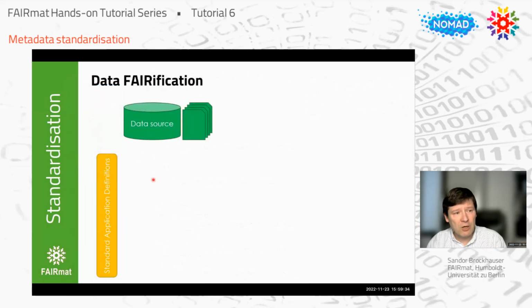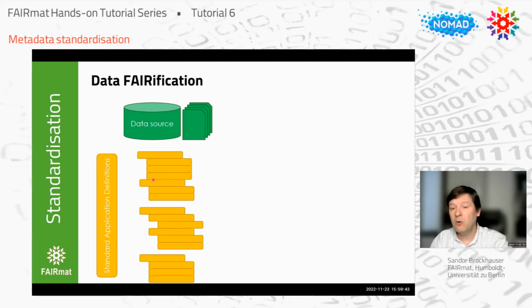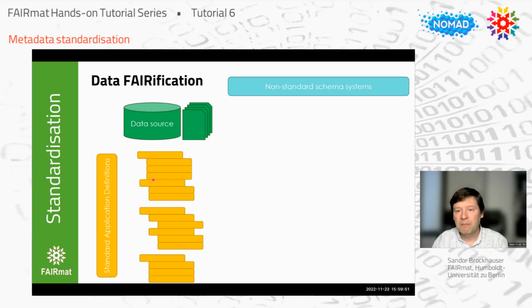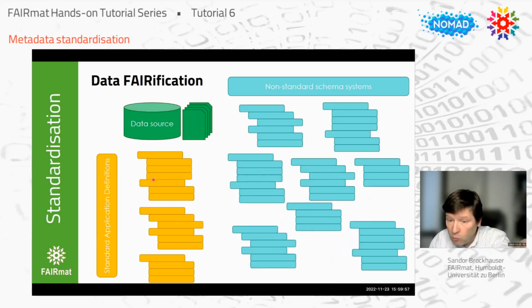So what is the situation? You've got all your data, and if you have a standardized application definition, then you can already collect the data and organize it accordingly. But what happens if you collect data which doesn't fit the standard? We propose that you write your own schema.